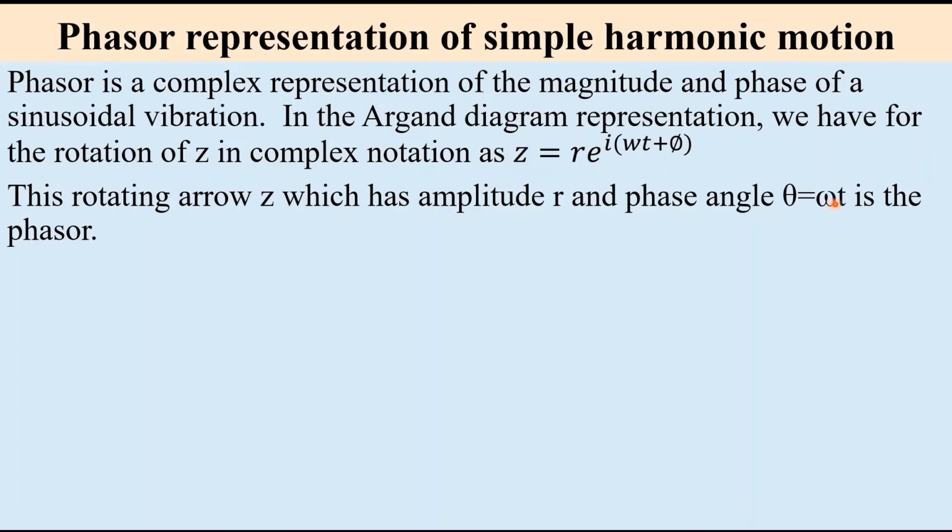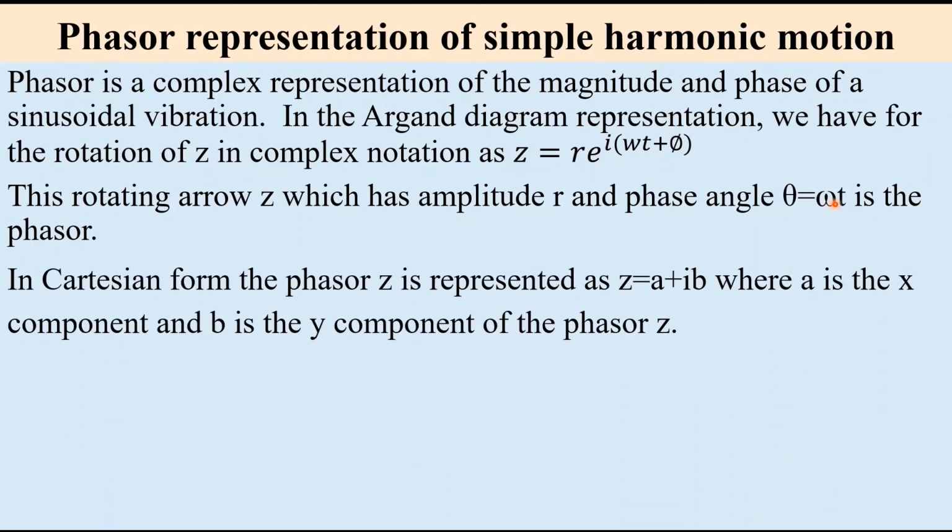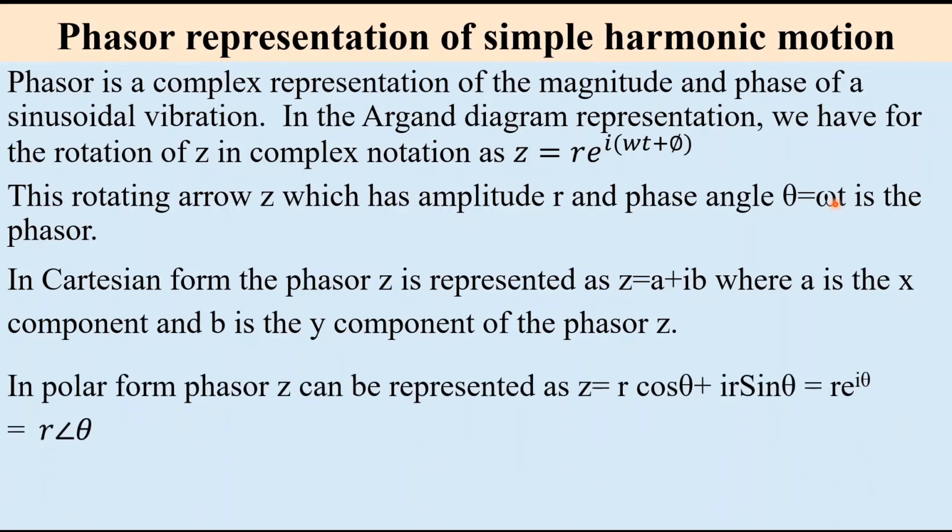So in Cartesian form, the phasor z is represented as z is equal to a plus ib, where a is the x component and b is the y component of the phasor z. In polar form, phasor z can be represented as z is equal to R cos theta plus iR sin theta. So that is equal to R into e to the power i theta, or it can be simply represented as R angle theta.